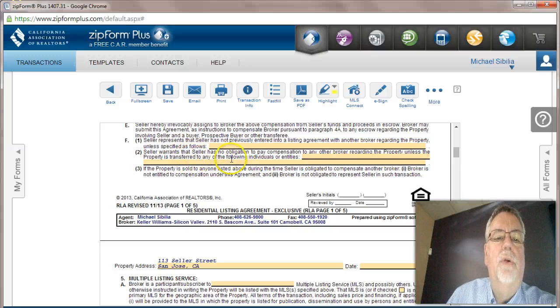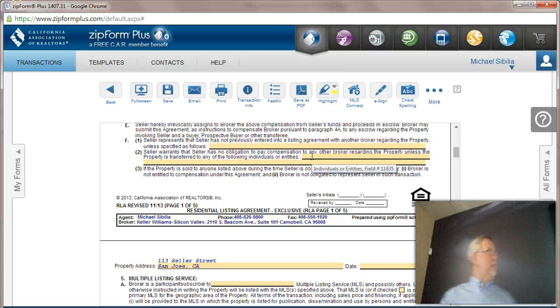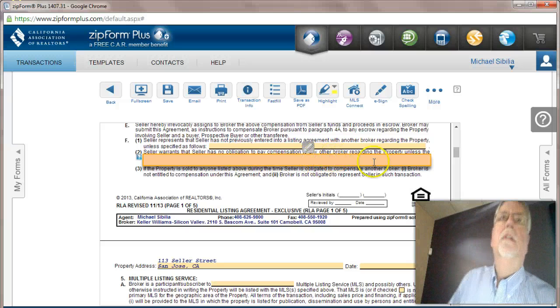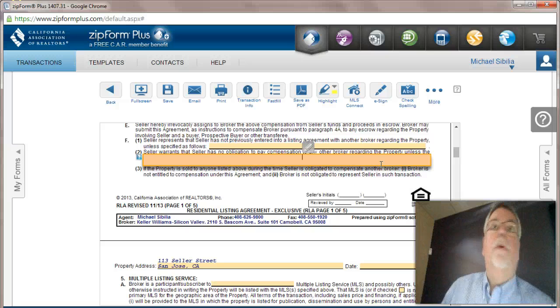Paragraph 2 says seller warrants that seller has no obligation to pay commission to any other broker regarding the property unless the property is transferred to any of the following individuals or entities. Does anybody remember a discussion about the written notice for 30 days? Anybody remember that? Broker protection, broker safety clause. This is what that's referring to. It's saying, has your previous agent given you a list of names?